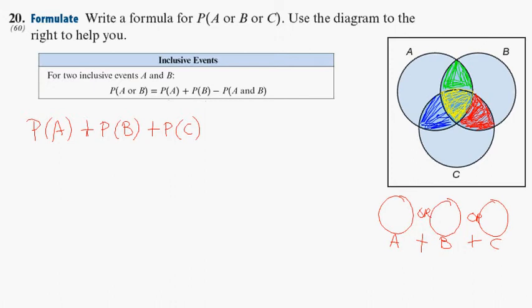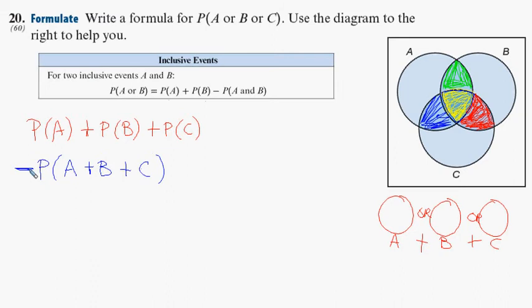This yellow probability right here could be represented by the probability of A and B and C. So let's take that yellow part out, minus the probability of A and B and C. In other words, the probability of all three happening is represented by this yellow section in the middle. So now we've taken that part out. That's where the subtraction comes into play, okay?